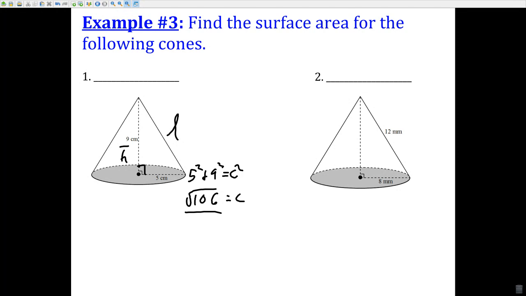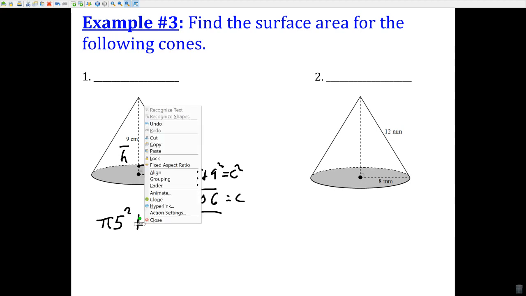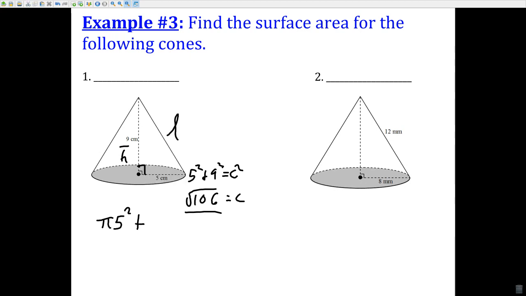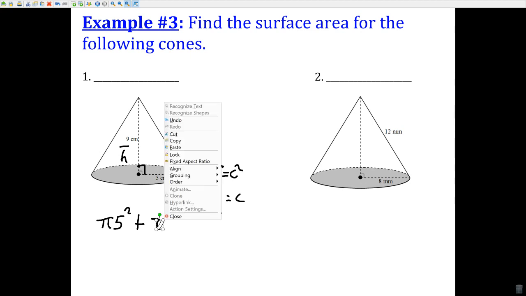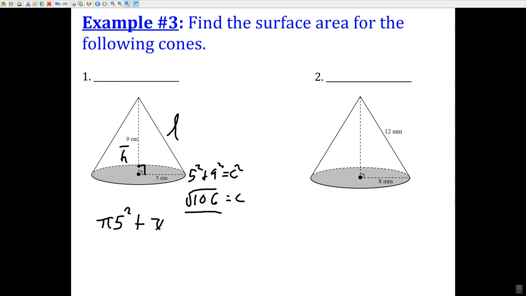We have all the things that we need here. Pi times radius, 5, squared plus, then it said pi times the radius. Pi times the radius. We just said that was 5.